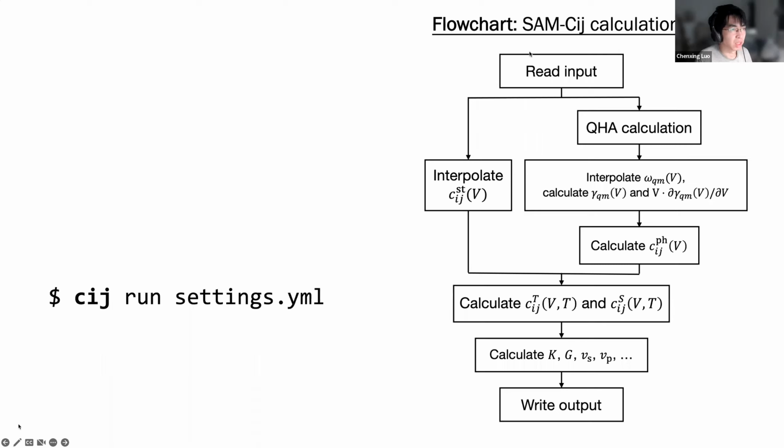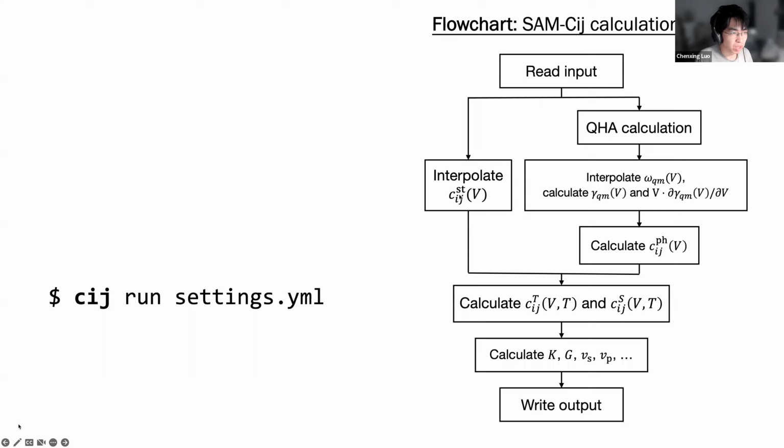Throughout the program, the code will first read the input and perform the quasi-harmonic approximation. After that, it will interpolate the frequency versus volume, calculate the coordination parameter, and calculate the strain derivatives of the coordination parameter. After that, we are able to calculate the phonon contribution, or thermal contribution, to the CIJ.